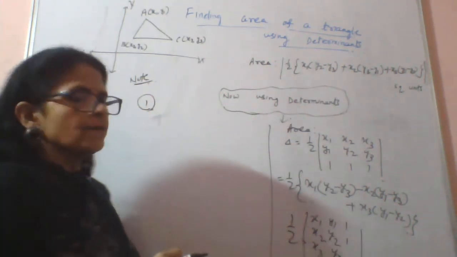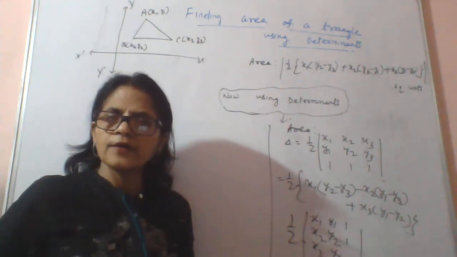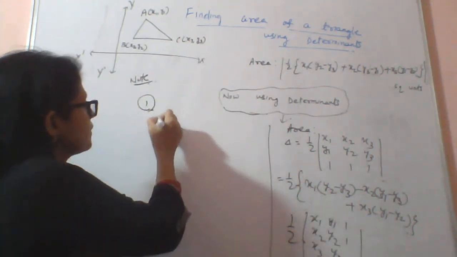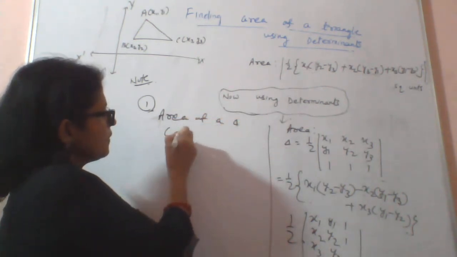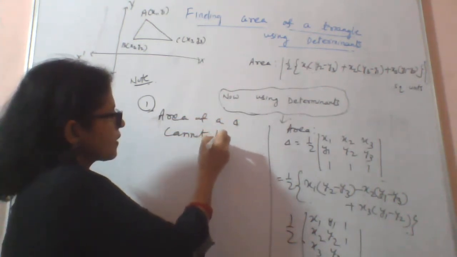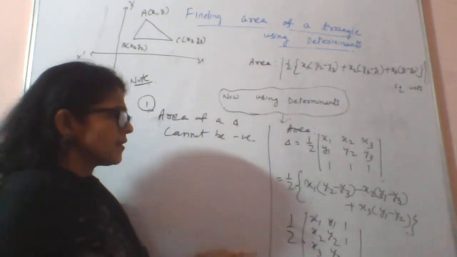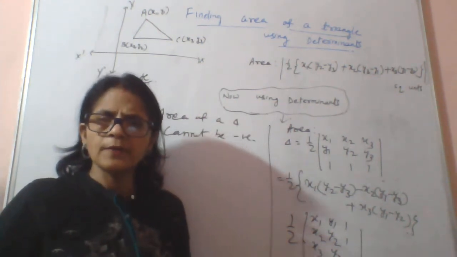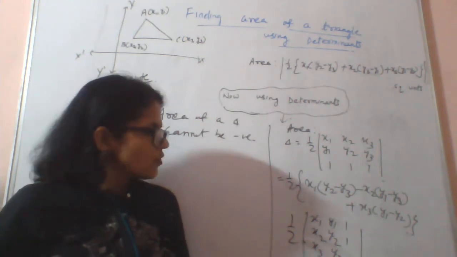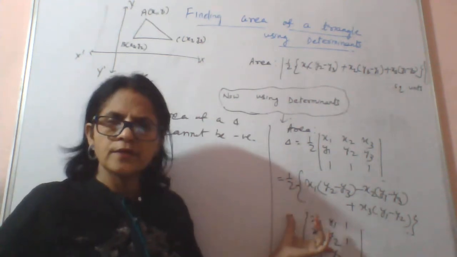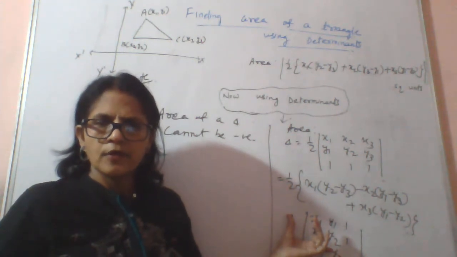Please note, first, the area of a triangle cannot be negative. But the value of a determinant can be positive, negative, or 0. While evaluating the determinant you may get a positive, negative or 0 value.